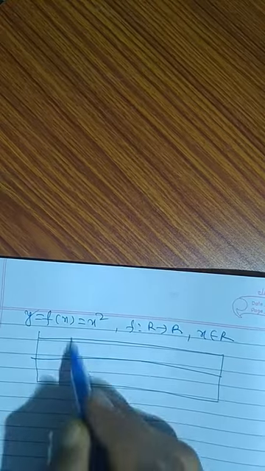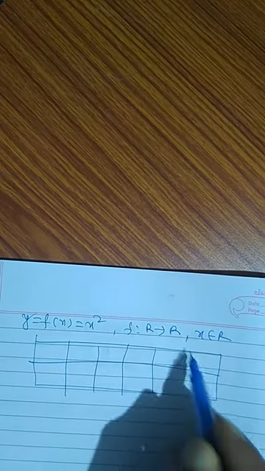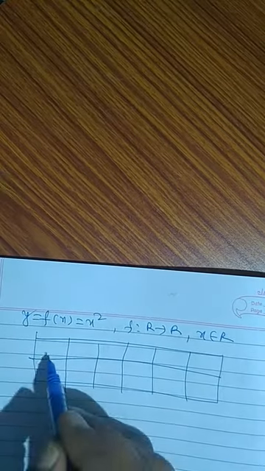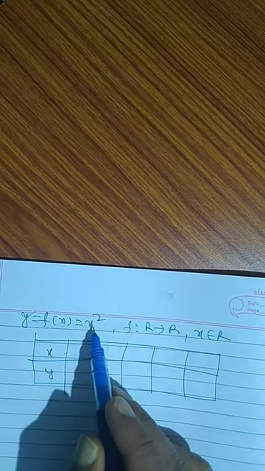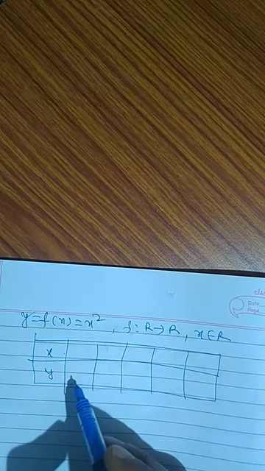What is your f of x? Generally f of x is your y. Now how can you plot the graph of this polynomial function? We have discussed in the lower classes how you can plot graphs. By taking the value of x, you will find the value of y, like this.